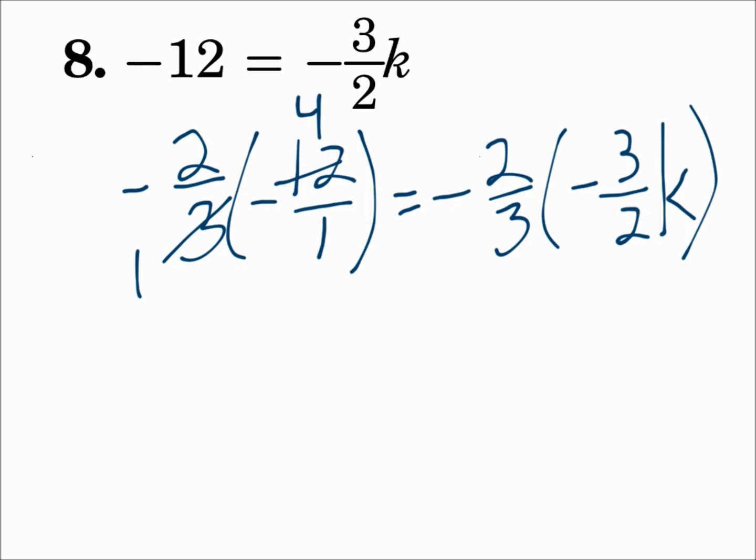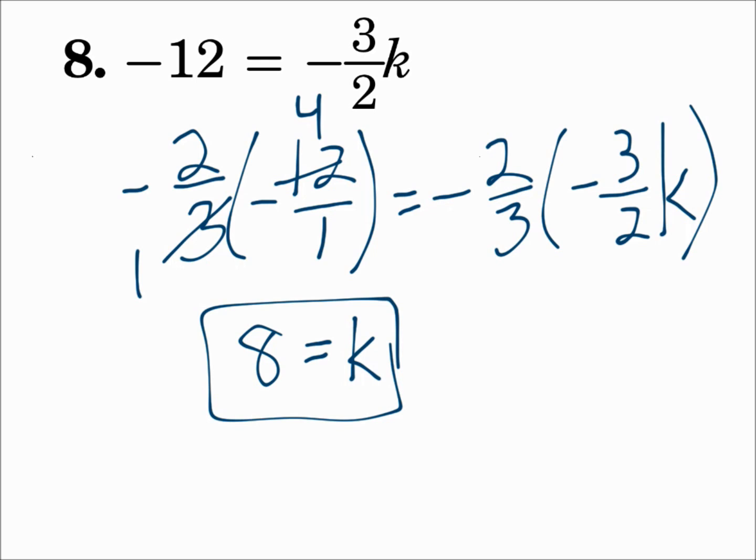When you multiply now, you get 8. And negative 2/3 times negative 3/2 is 1, leaving k. Remember, a fraction times its reciprocal is 1, and 1 times the variable is just the variable. That's why it cancels out the number.